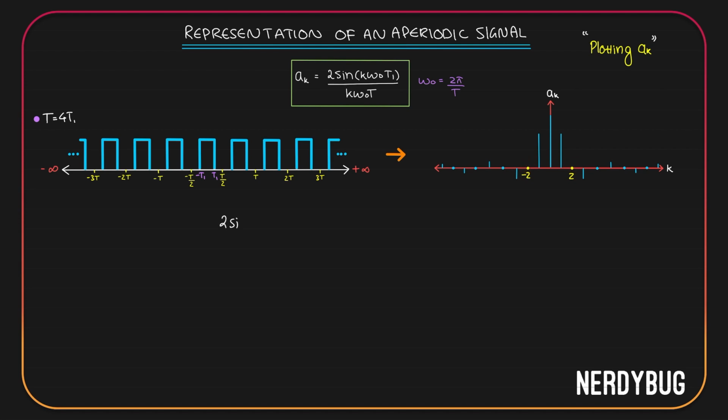That is 2 sine of k omega naught t1 divided by k omega naught T is equal to 0. We have a sine function on the numerator and sine 0 is 0. So why are we not getting 0 at k equal to 0? Because k is in the denominator also. If you give k equal to 0, that will be of the form sine 0 divided by 0, which is indefinite.